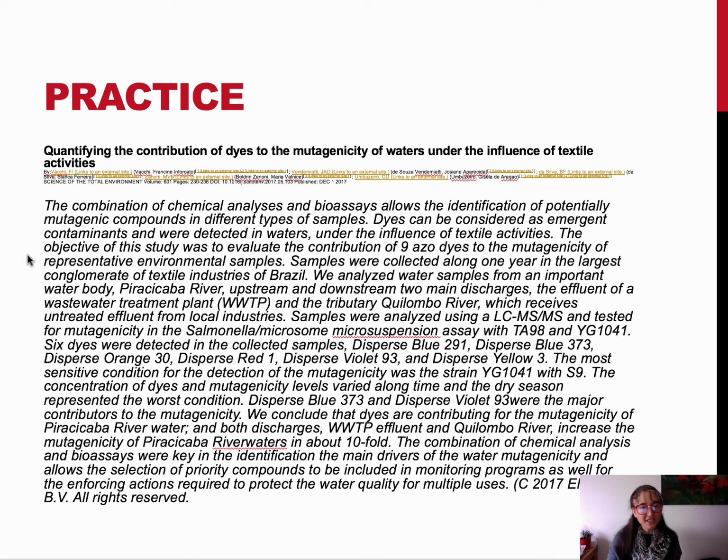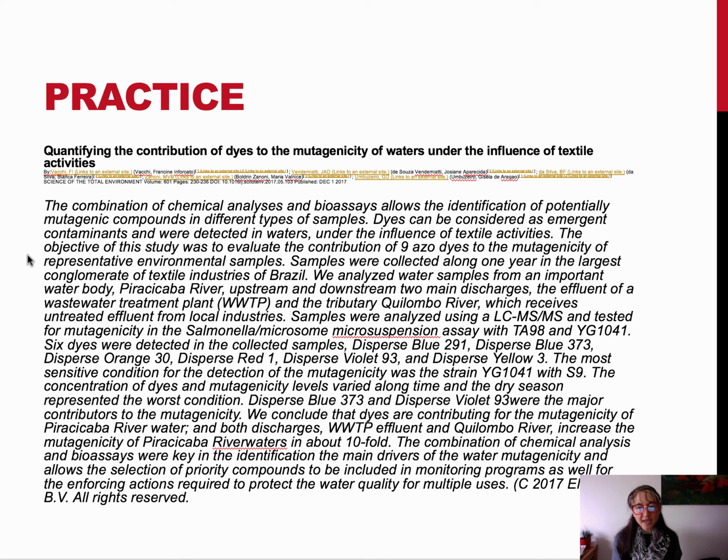So the objective of this study was to evaluate the contribution of 9 azo dyes to the mutagenicity of representative environmental samples. Samples were collected along 1 year in the largest conglomerate of textile industries in Brazil.